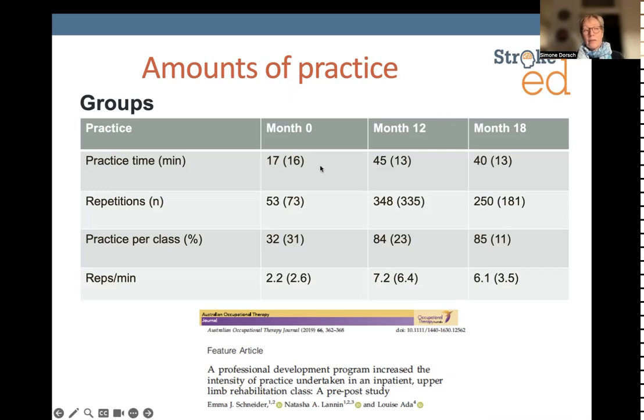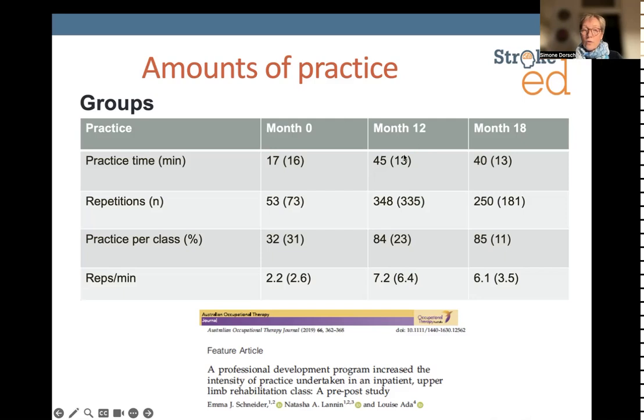You can see here that it's a 1-hour class, but at month 0, the time spent in practice was very low numbers of reps per minute, and less than a third of the hour spent actually practicing. Then they instituted a program of professional education, really upskilled the therapists as to how to set up active task practice and record practice as well.